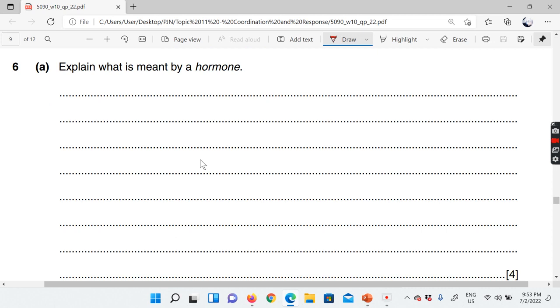So let's write this down. This has about 4 marks. I'm going to tell you where the marks can be found. I'm just going to write down the answer for you now. Remember that a hormone is a chemical substance.